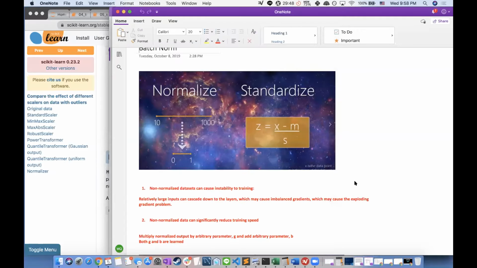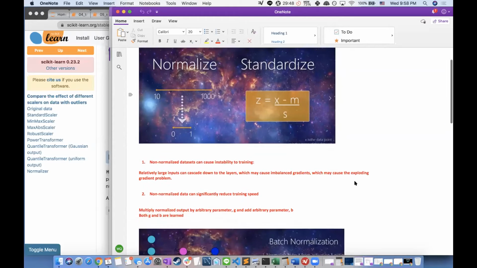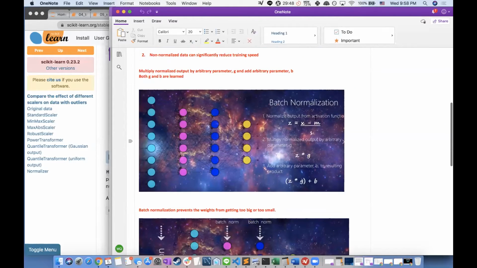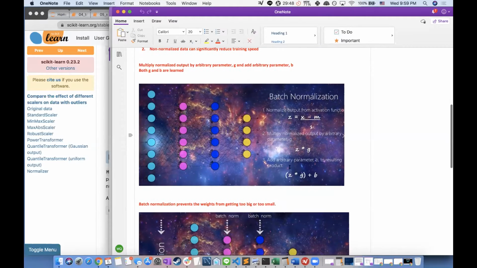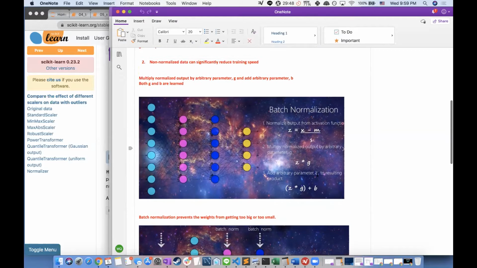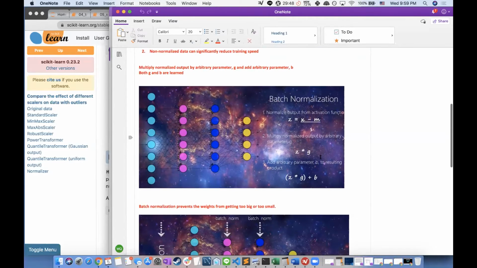You normalize output from the activation function with a sort of standard scaler, and you multiply the normalized output by an arbitrary parameter g, which is trainable, and you add an arbitrary parameter b to the resulting product, and that b is also trainable. That's how I think FastAI implements it as well.